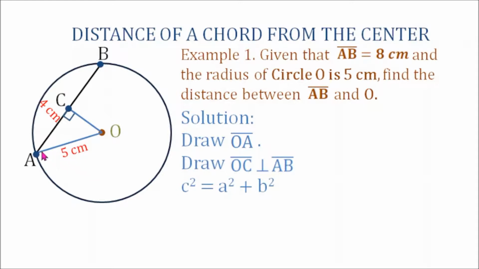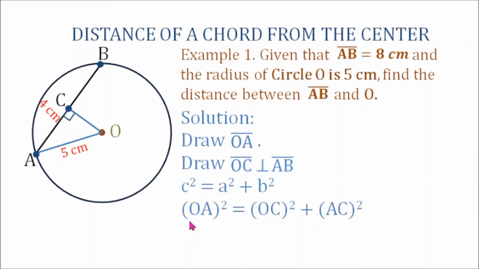So our C here, or the hypotenuse, is the line segment OA, and we can assign this line segment OC as our A, and this line segment CA as our B.